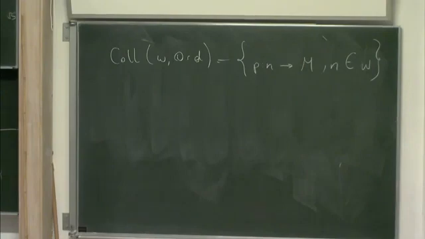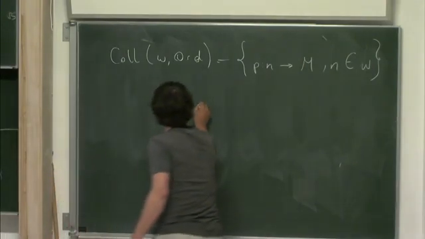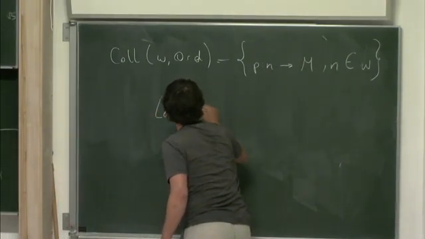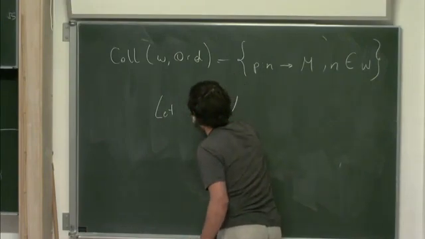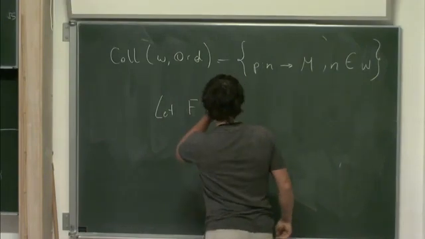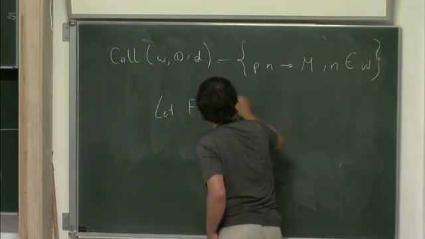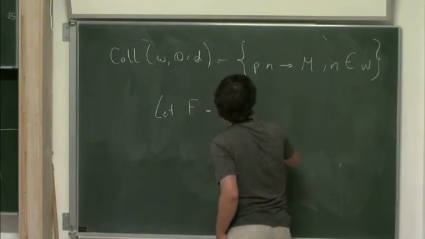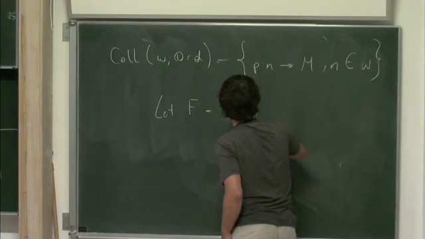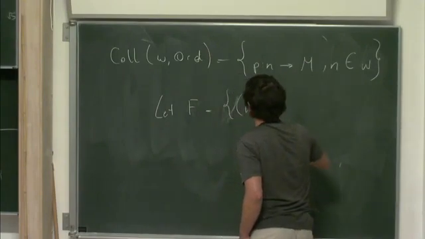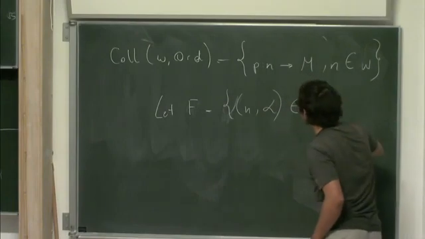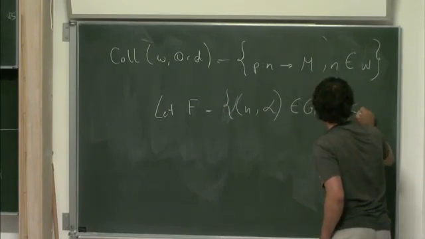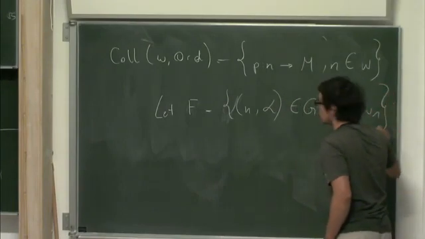Of course. So let's say, let G be the union of... I shouldn't call it G. Sorry. Let F be the set of all pairs n, alpha in G. So G is supposed to be the generic filter now, such that alpha is less than omega 1.